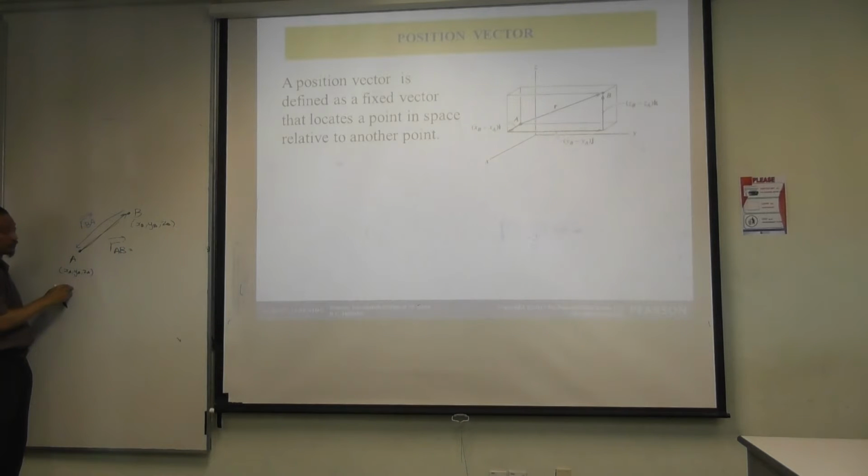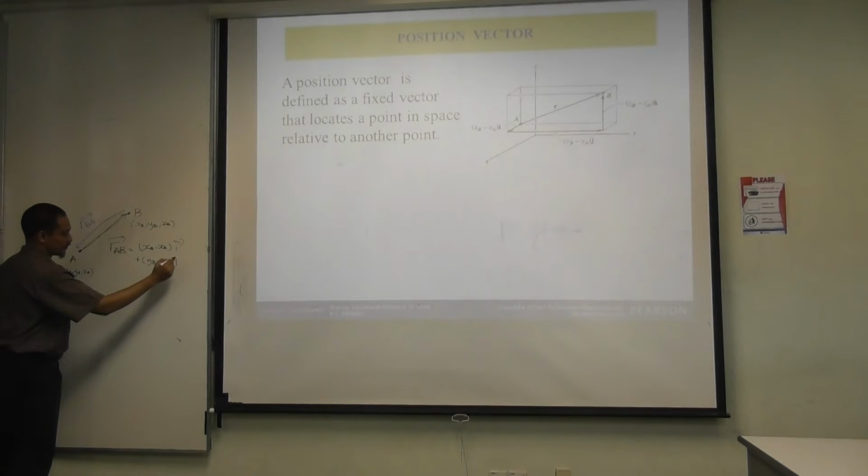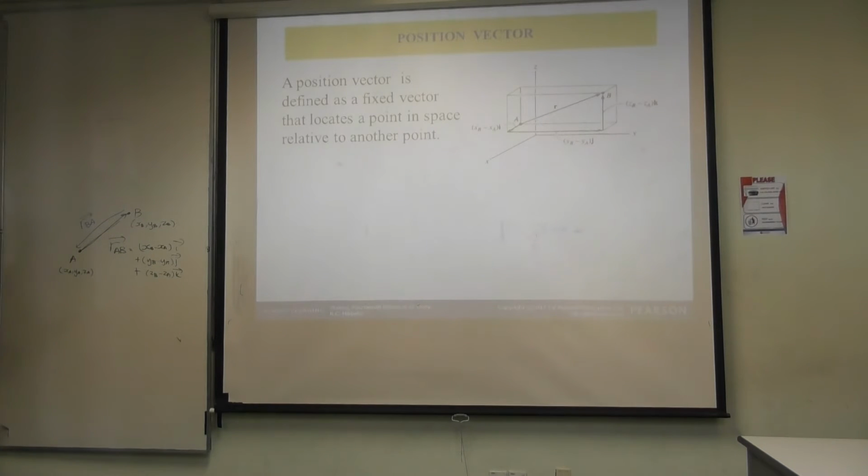So you get XB minus XA i, plus YB minus YA j, plus ZB minus ZA k. If RBA, then it's the opposite, A minus B. You understand the concept?